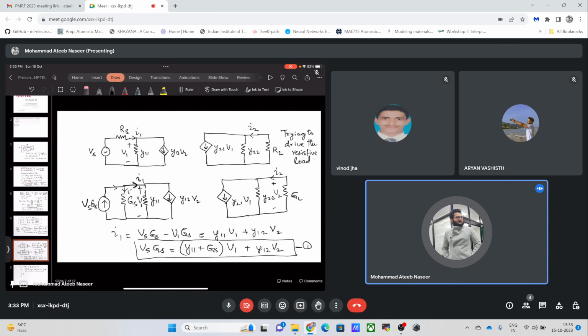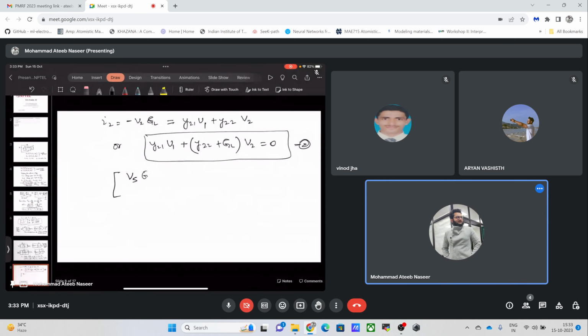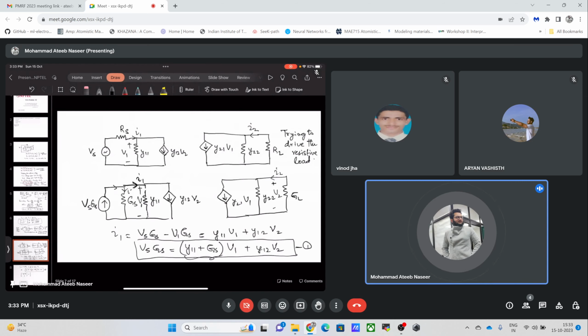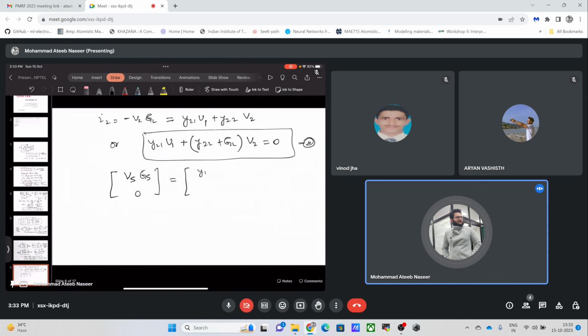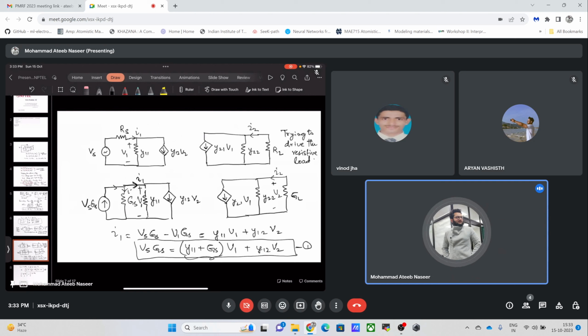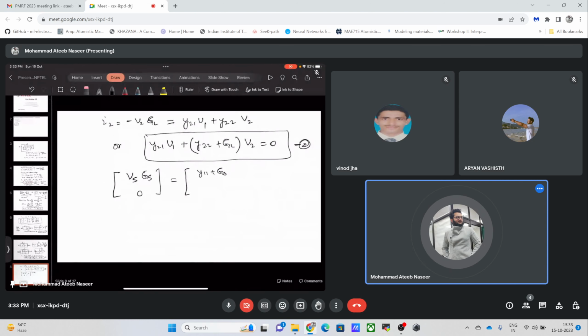This was equal to Vs times Gs, and the second component is 0, equal to, the first component is y11 plus Gs, the second component is y12, and this is y21, this is y22 plus GL.